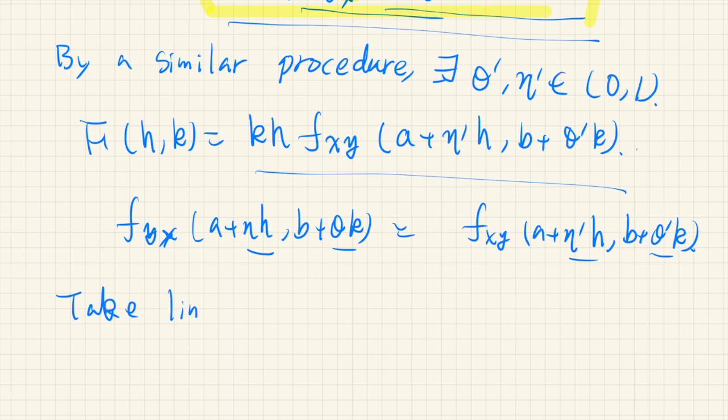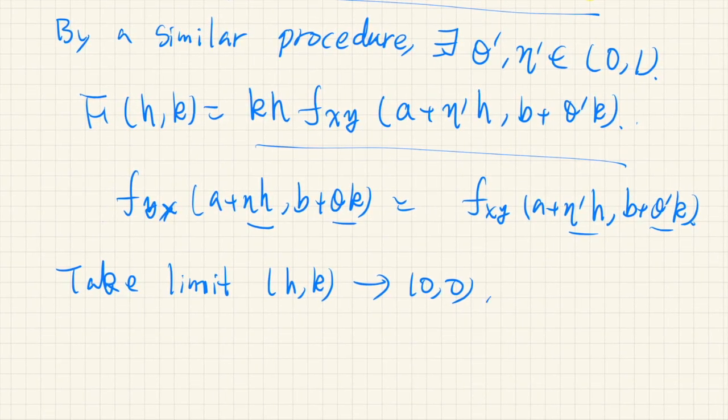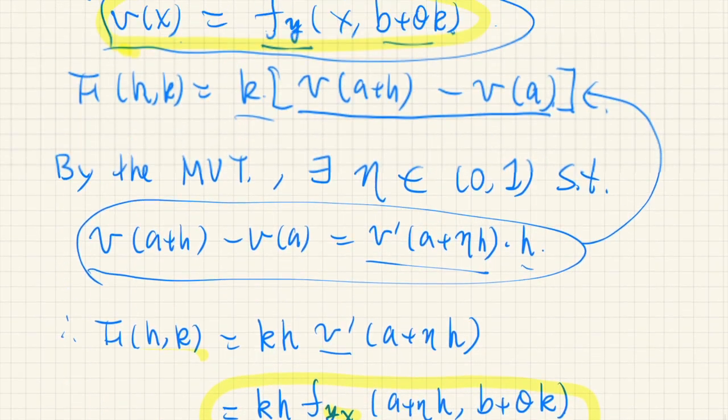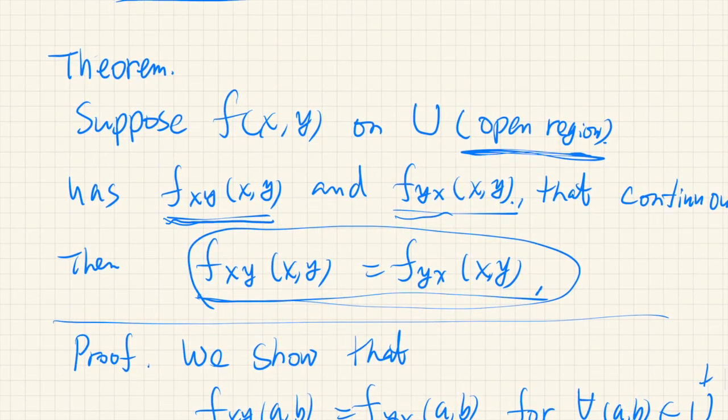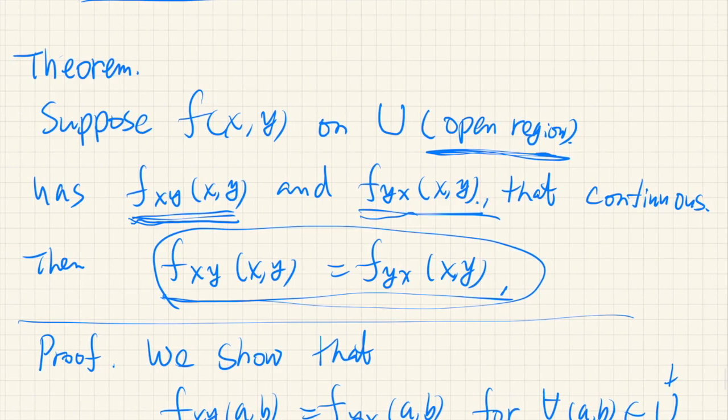Limit, h and k going to 0 and 0. By the continuity assumption, we are assuming that these two second derivatives are continuous.